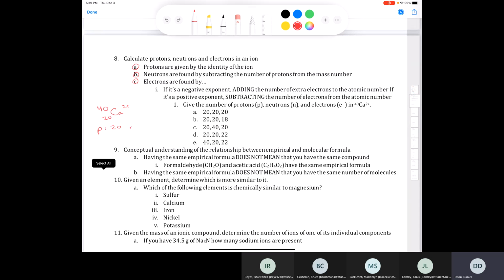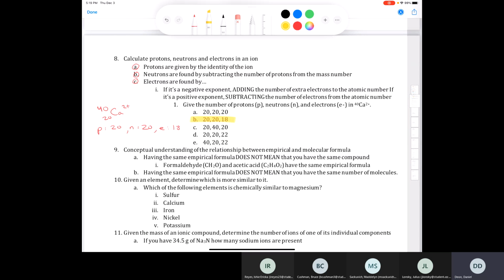So that means that it's going to have 20 neutrons. Now, what about electrons? Well, normally in a neutral atom, the number of electrons is going to balance out the number of protons, which would be 20. But if I have a +2 charge, that means I would have lost 2 electrons, which would mean I would only have 18 electrons left over. And so the correct answer would be B, 20 protons, 20 neutrons, and 18 electrons.